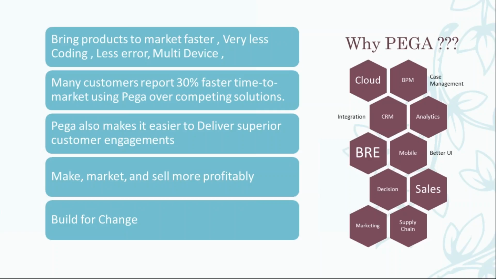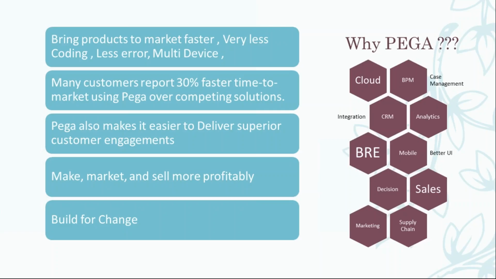You design it once, and then you can use it on cloud, mobile, tablet or desktop. For that you don't need any separate infrastructure; the same infrastructure can be used for cloud, mobile, and laptop.